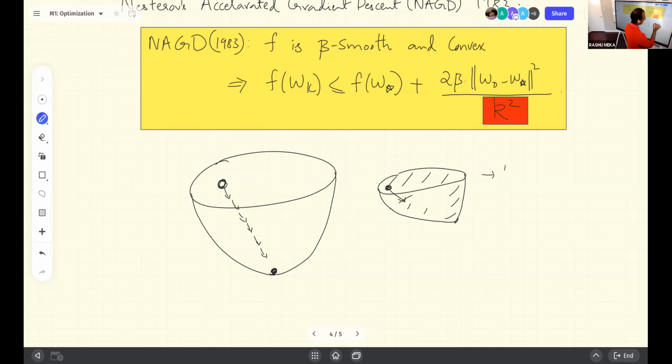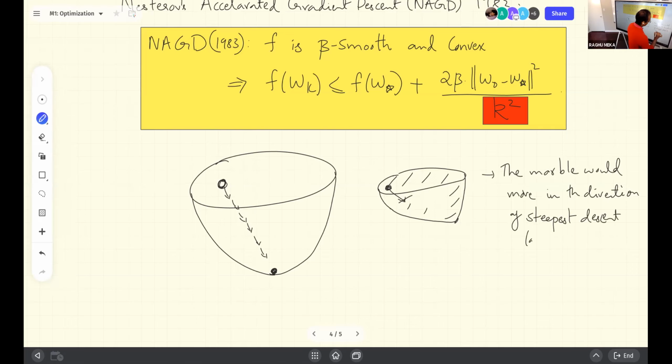So the marble would move in the direction of steepest descent, aka gradient.